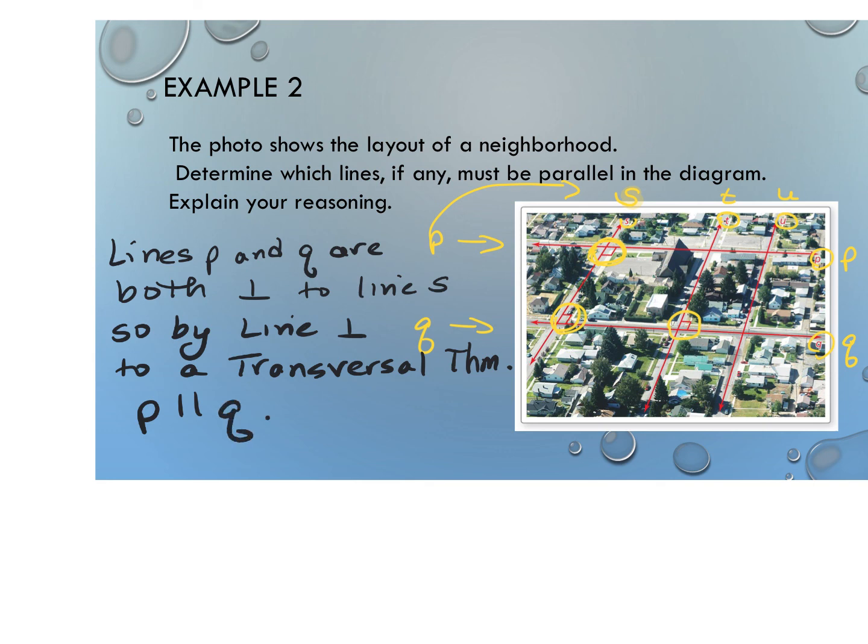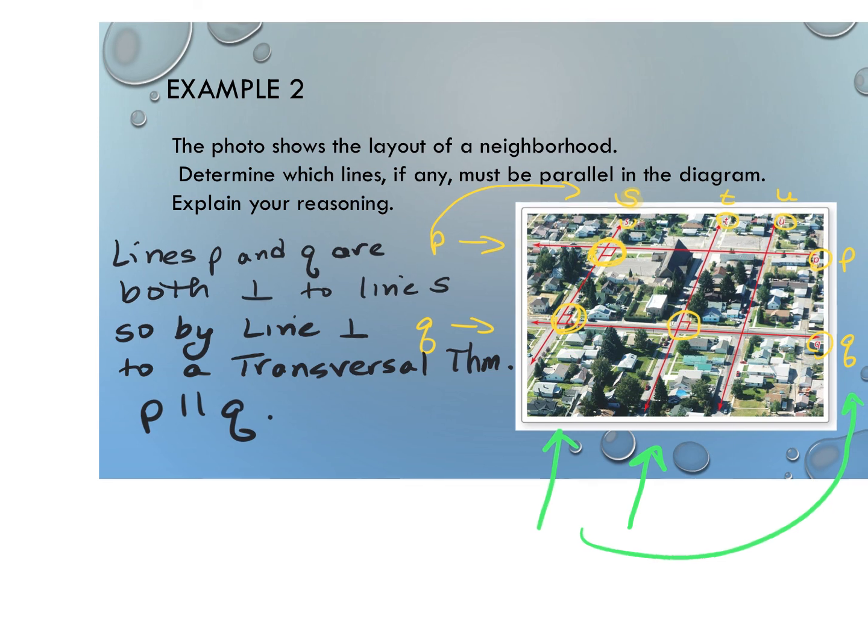Now, I also have lines S and T here that are also perpendicular to line Q. So I have another pair of parallels. I can say S and T are parallel because they're both perpendicular to Q, using the same theorem.